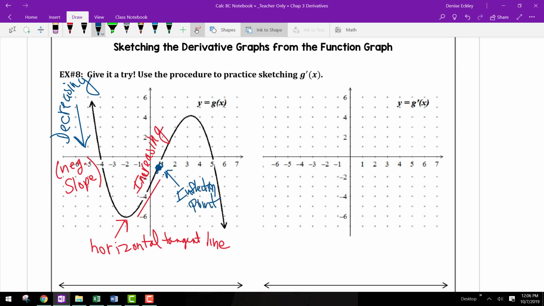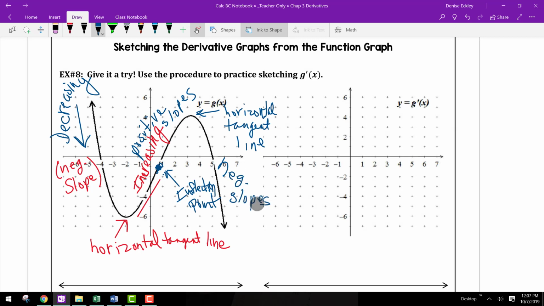And I also want to point out that we have positive slopes here. Again, we have another horizontal tangent line. And then we are going to have negative slopes on this side because we're decreasing.